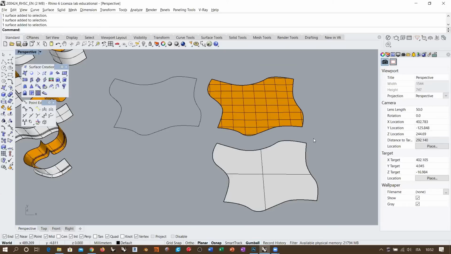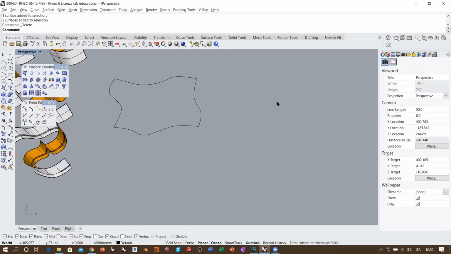What the patch does is quite a complex process. The patch is a very particular surface because it's the only surface that, when you execute the command, asks for curves, points, point clouds, and meshes. So it can work with basically any input. Why? Because actually it doesn't use any of these inputs. It creates its own inputs by fitting a surface through these objects.